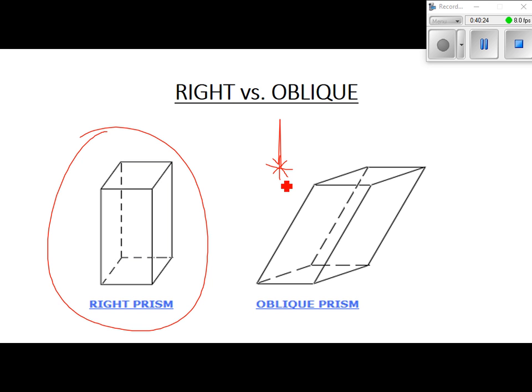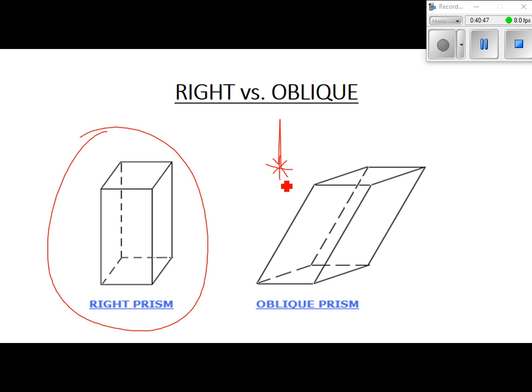All it means to be a right prism is when you stand it up here, it makes what kind of angle with the desk? A right angle. An oblique means it would look like it's tilted a little bit. So a right would look something like this.